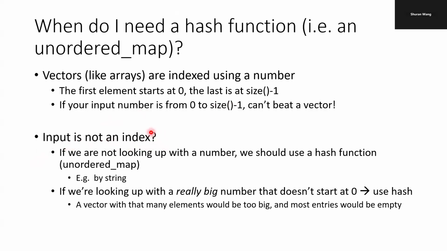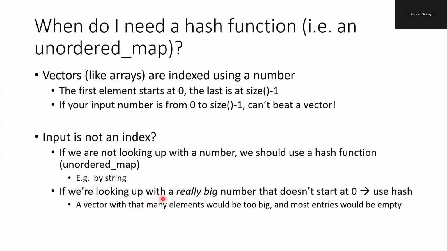When the input is not an index, say if we are looking up with a string, or if we're storing something that's just not an integer, we should be using our unordered map because it is still O(1).